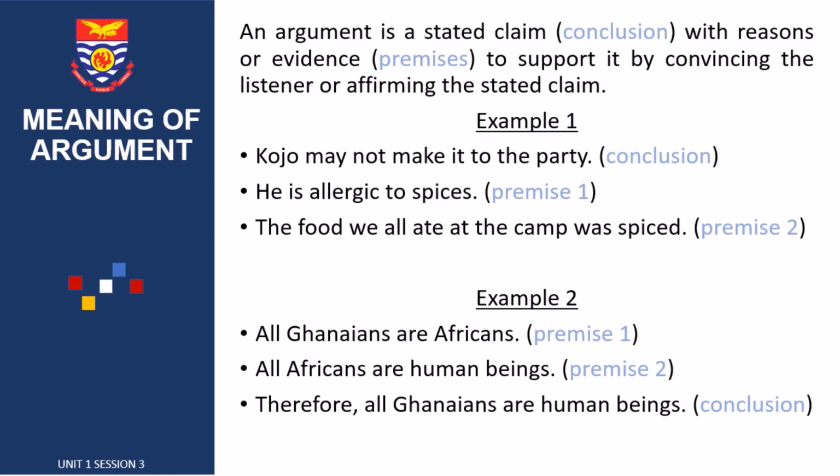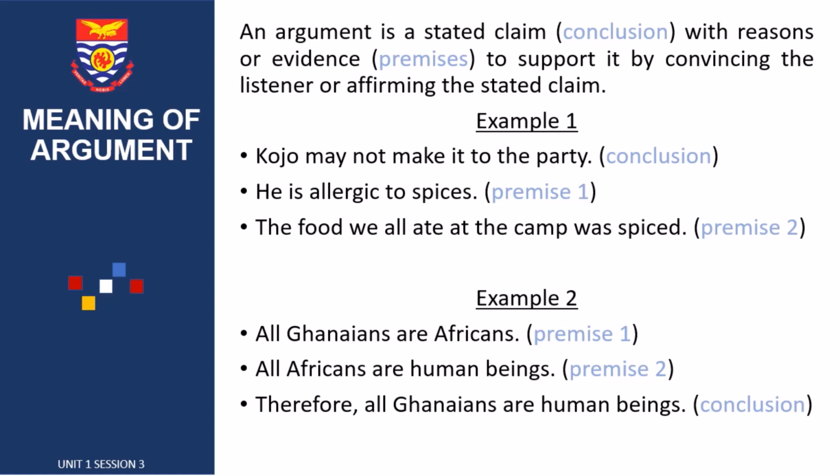And that claim is being supported by another claim, which says he is allergic to spices, and a second claim which follows, saying that the food we all ate at the camp was spiced. So these two last claims come in to support the first claim, which stated that Kojo may not make it to the party. And the last two claims are called premises, right?